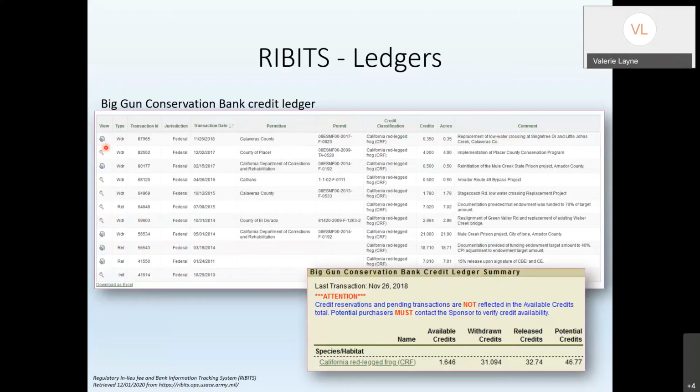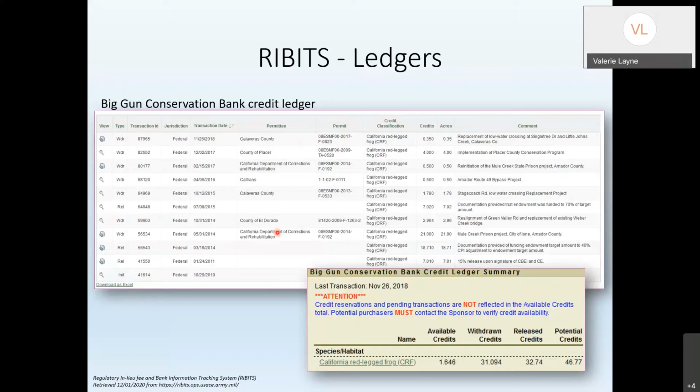If you clicked on that little paperclip, can't do that because this is just a PowerPoint, not a live link, then the document would pop up on the screen. And in this case, the document is actually the biological opinion that goes with this impact project.